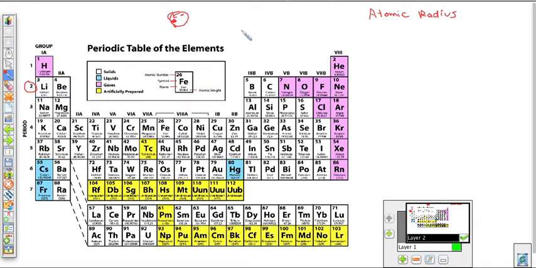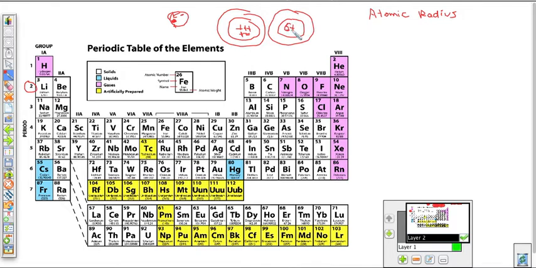So what's going to happen is beryllium has 4 positive charges, and its electrons are all in energy level number 1, energy level number 2. So its electrons only go out to energy level number 2. It has 4. But if you go over here to carbon, carbon has 6 positive charges. And its electrons are only going to go out to energy level number 2 as well.